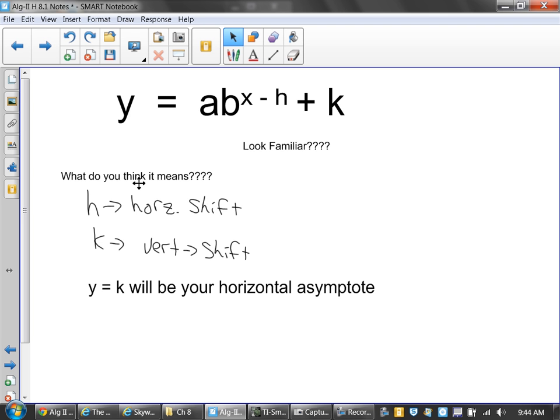And the other thing that happens with your A, H, and K in this value, Y equals K will become your horizontal asymptote. If there's no shift, there's no K value, your asymptote's always going to be at 0, the x-axis. If there's a vertical shift, it shifts it to the new asymptote. All right? Not so bad? Let's try a couple.